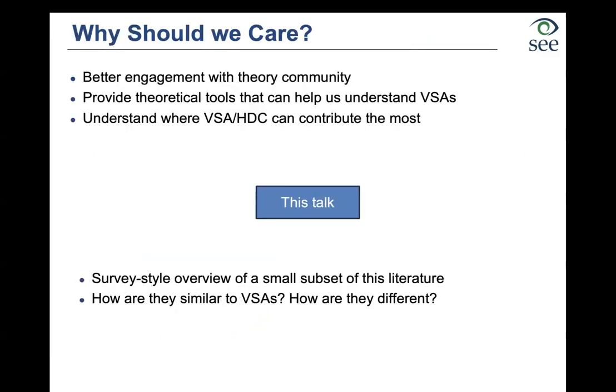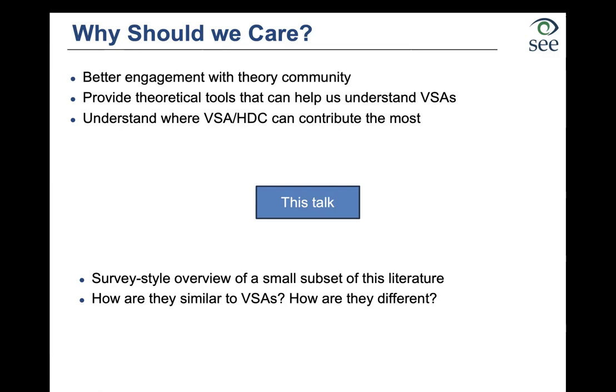More specifically, I think we in the VSA community should really be interested in this literature for a few reasons. For one thing, techniques like kernel methods and randomized embeddings are foundational, bread and butter techniques for theoreticians in communities like machine learning, statistics, and applied math. Being conversant in these tools will help us engage with these theory communities and explain our own ideas, providing an anchor point.